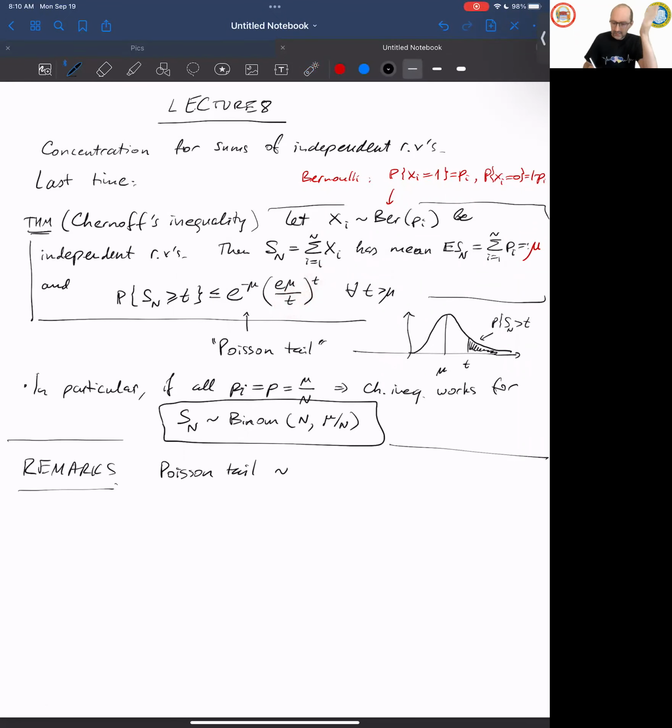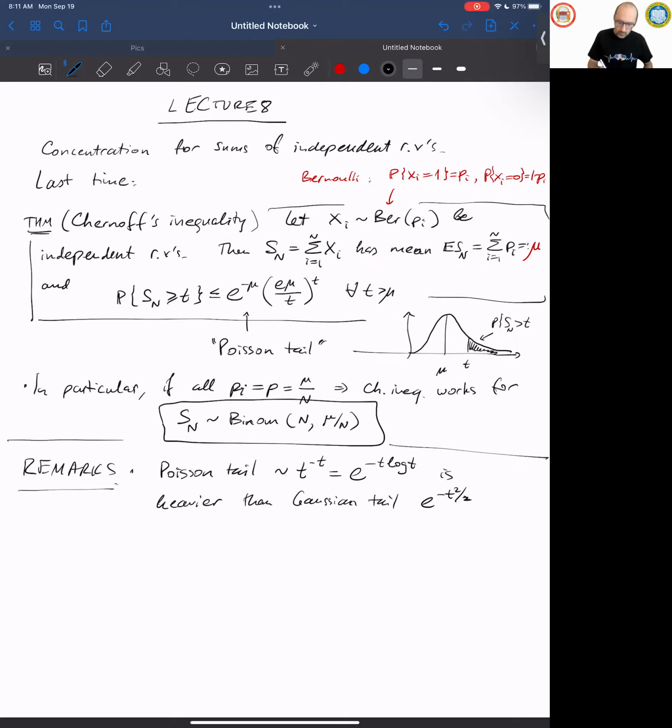So if you forget all these e's and m's, it scales like t to the minus t, which is e to the minus t log t, which is heavier than the Gaussian tail, which is e to the minus t squared over 2, because t log t grows slower than t squared over 2. So we don't get the Gaussian tail in the full range, but that's okay.